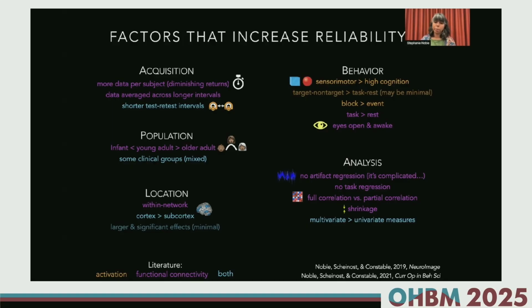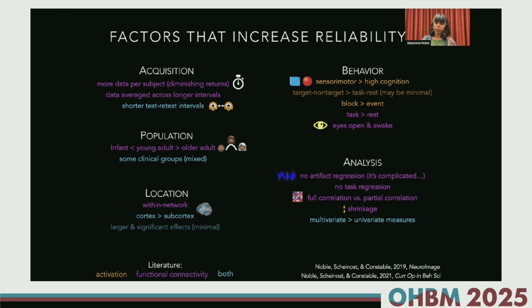So I think it's important to continue using artifact regression in order to better detect effects that you might care about. This is similar to a study that was done by Pervez and colleagues, which also showed that leaving artifacts in the data can result in better predictions, but they also don't recommend that you leave artifacts in the data.